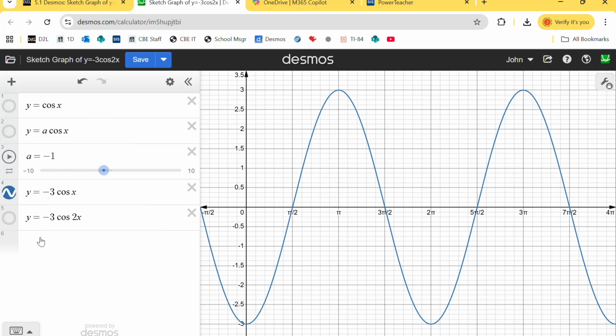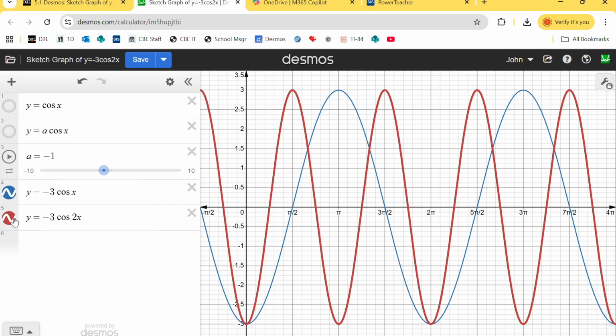So if I do that, let's take a look. And in fact, it does. So if I look at this point right here, that's pi over 3. Well, what's this point right here? Pi over 2. So the x value was multiplied by a factor of 1/2.